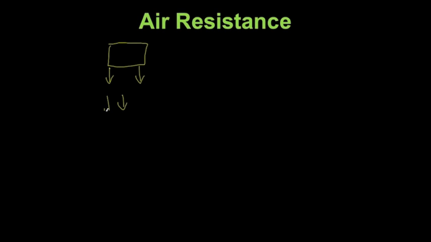It's going to get faster and faster until it's hitting so many molecules per second that the molecules are hitting back rapidly enough to balance out the rate at which it's falling. And that's when an object reaches its terminal velocity.